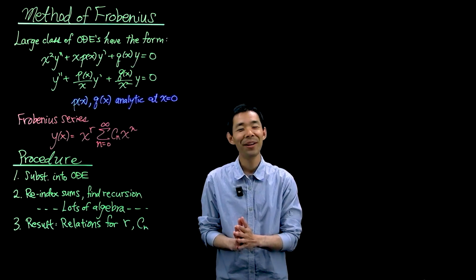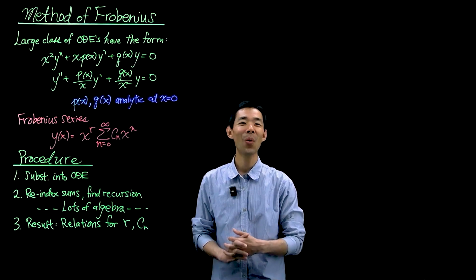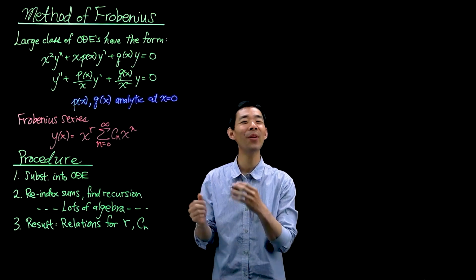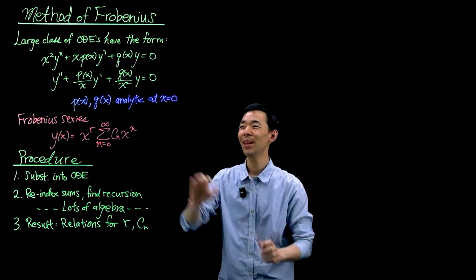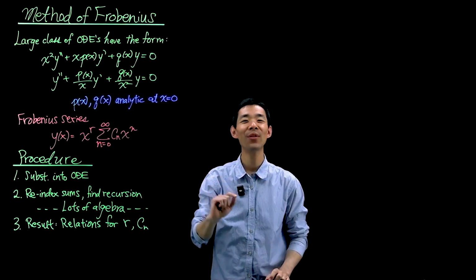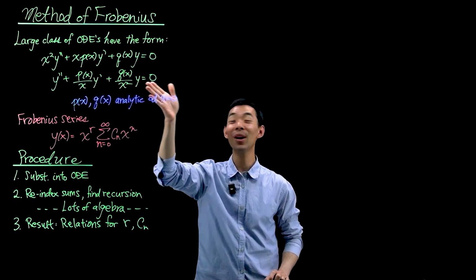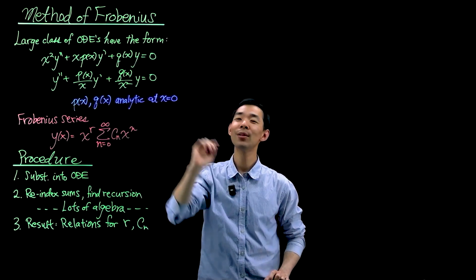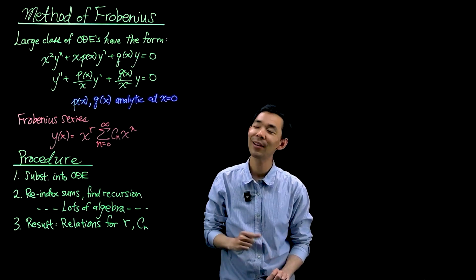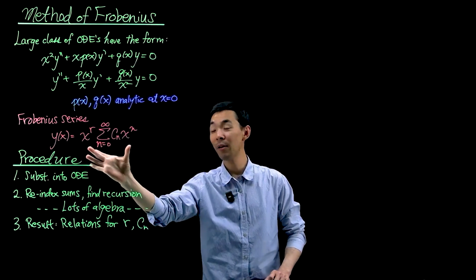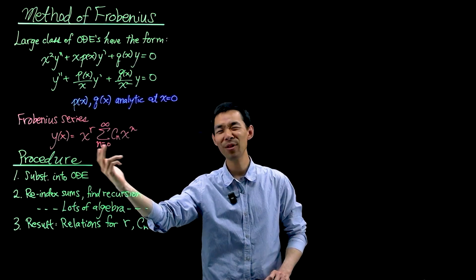I've broken it down into a sequence of steps that we'll carry out. So the general procedure is similar to what we've already been doing with the power series. You take your assumed form of your solution, and you substitute this solution back into the ODE shown here. To do that, you have to take a couple of derivatives, unfortunately. So you take y prime and y double prime of this thing, with a bunch of product rules.